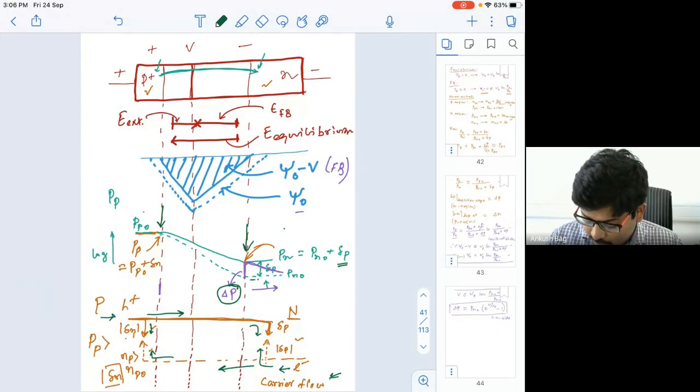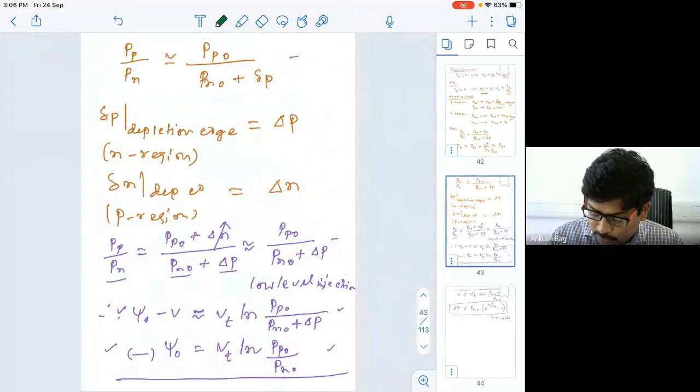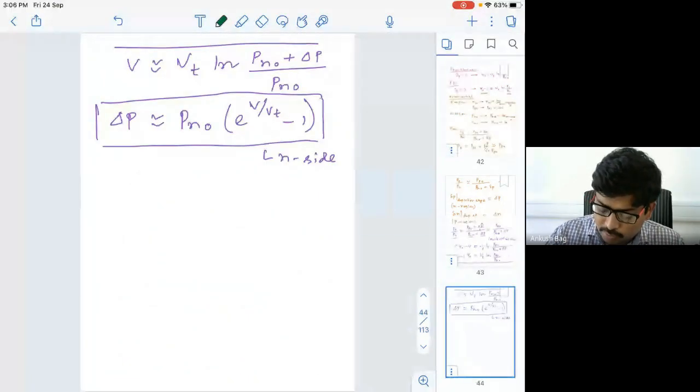So you can see it will gradually decay due to the diffusion. But at the edge, we are considering del P at the depletion edge, so it is capital del P. This capital del P is exponentially varying with your applied forward bias potential.